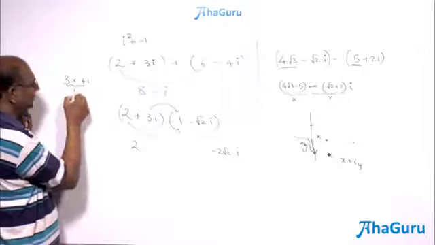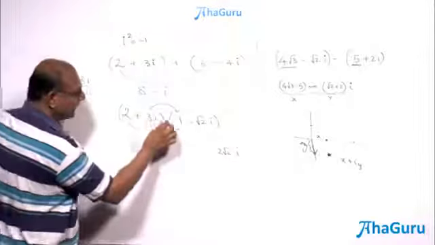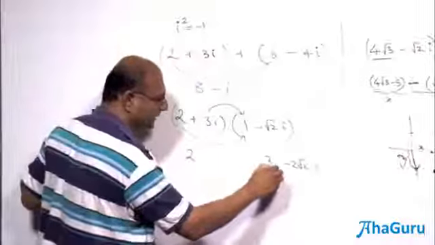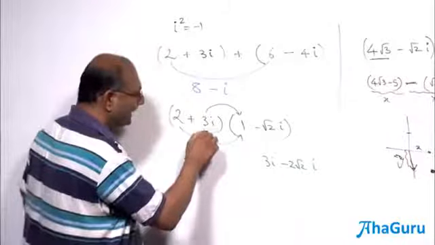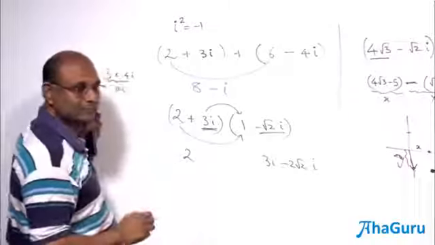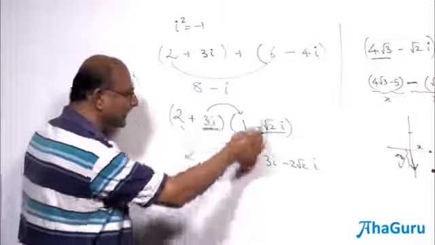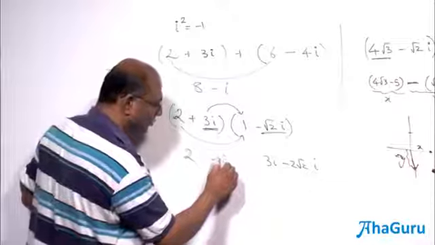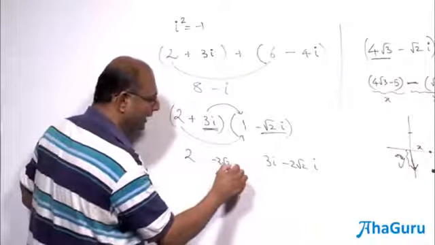So 3i times 1 is 3i. That's imaginary, so let's put that here. And then I have 3i times minus root 2i. What do I do there? So let us multiply these two. 3 times minus root 2. So minus 3 root 2 i squared.